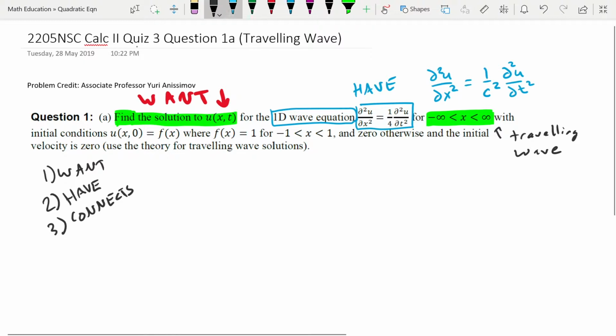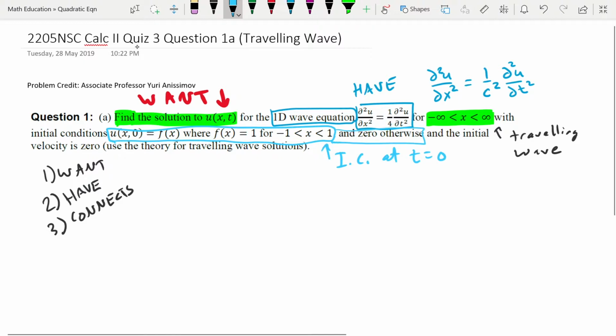So we've got u of x and 0 equal to f of x, which is a half, and we've also got some initial conditions here at t is equal to 0. And, oh, almost forgot, and 0 otherwise.